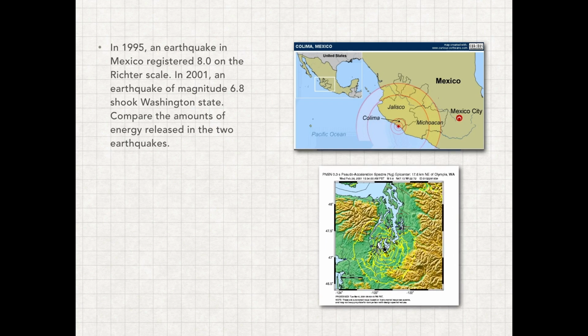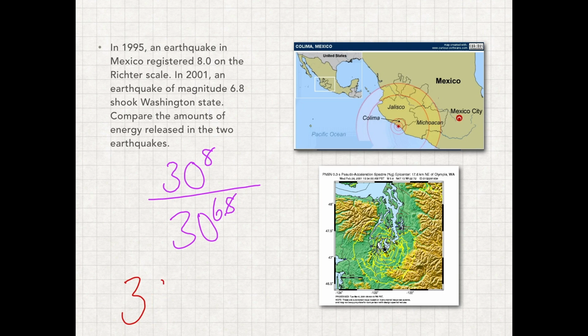So what I would do here is I would say 30 to the 8th power over 30 to the 6.8 power. So at that point, what we have to remember is our rules about exponents. In this case, remember, if I'm raising x to the 5th over x cubed, we can subtract them. So this really becomes 30 to the 8 minus 6.8.